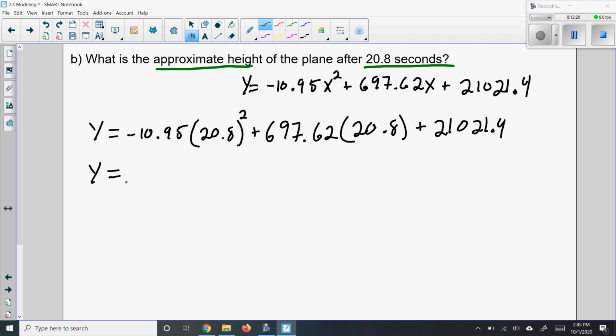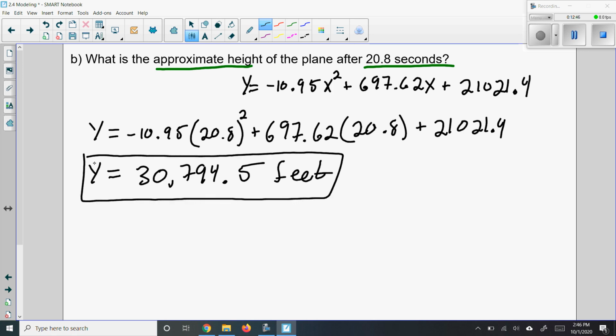When I plug all this in my calculator, the height that I get is 30,794.5 feet.